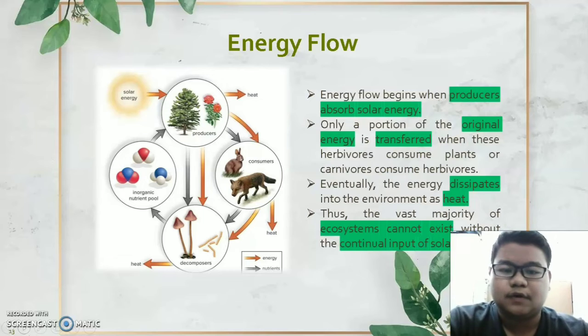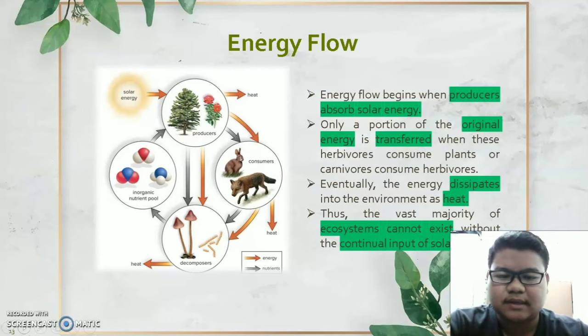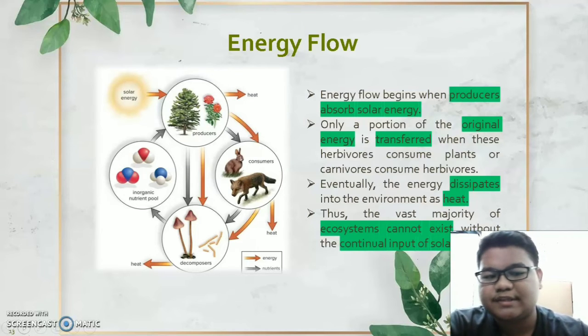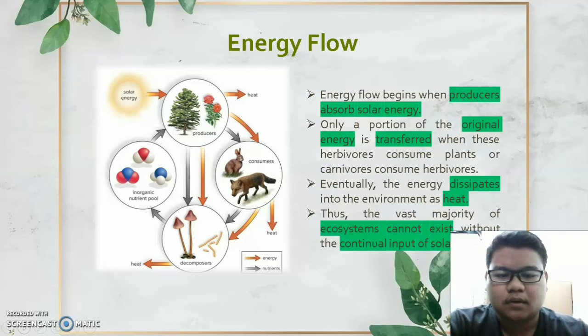Next, energy flow. Energy flow will always start with producers because they absorb the energy from the sun, the solar energy. Through each stage of an energy flow, only a portion of the original energy is transferred.